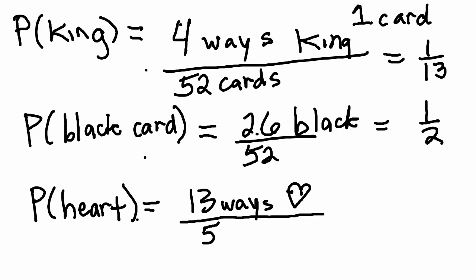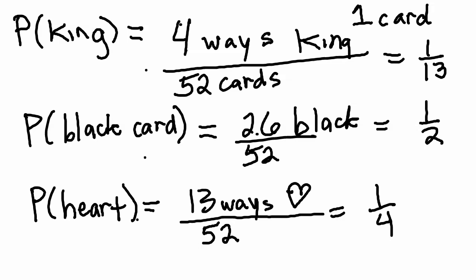And again, we have 52 cards, so that's 1/4. And that should make sense too, because there's 4 suits: hearts, clubs, diamonds, and spades. So 1 suit out of 4 are hearts, 1/4.